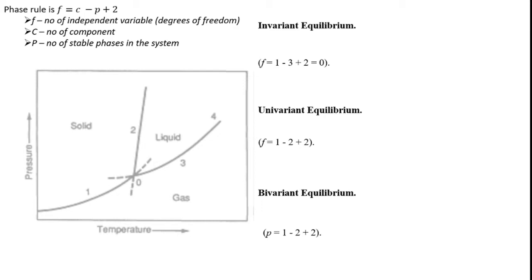Okay, so here, stable equilibrium. We already know about equilibrium from our previous video. What is equilibrium, which is the next question. Equilibrium has three states: stable, metastable and unstable. Stable means the object is in its lowest energy state.